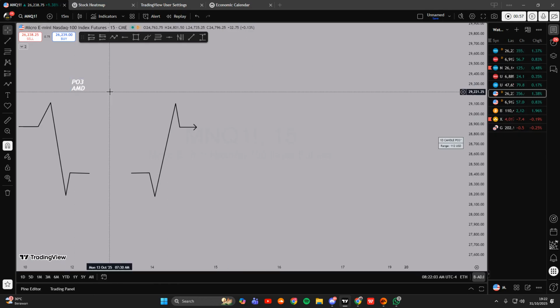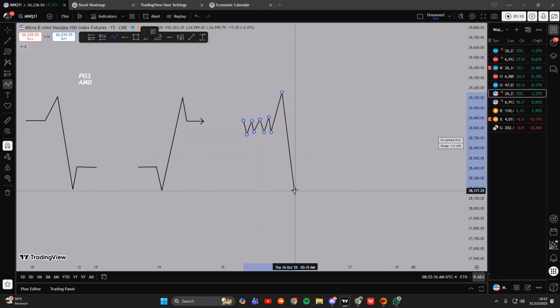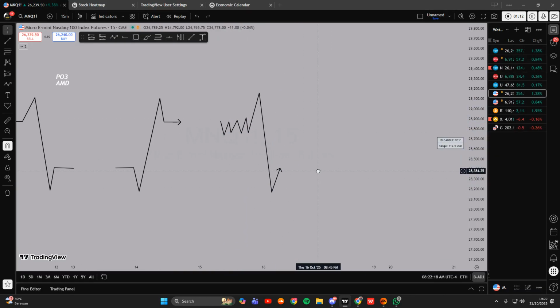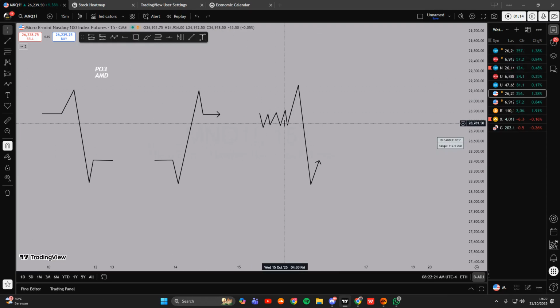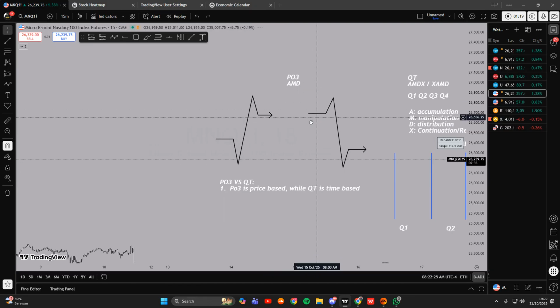In these sections or time periods, it can go accumulation, manipulation, distribution, and usually a rebalance to make the wick low, and vice versa for a bearish candle. So that is a PO3, right?